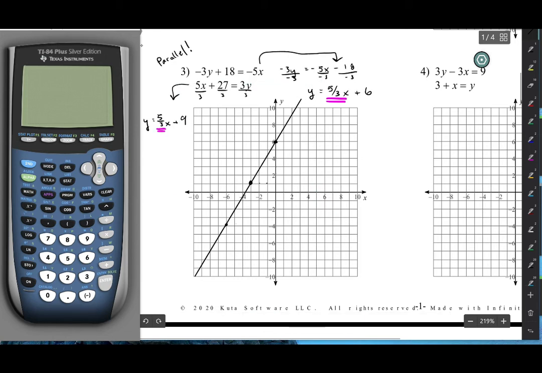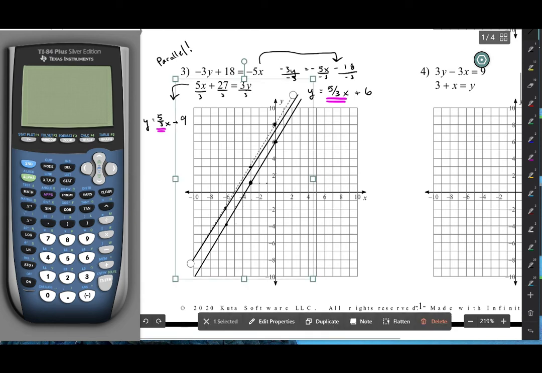And then we'll also graph the other equation up 9, and it has the same slope. 1, 2, 3, 4, 5. 1, 2. And they're very close, but notice they are never going to intersect one another, hence why they're parallel lines.